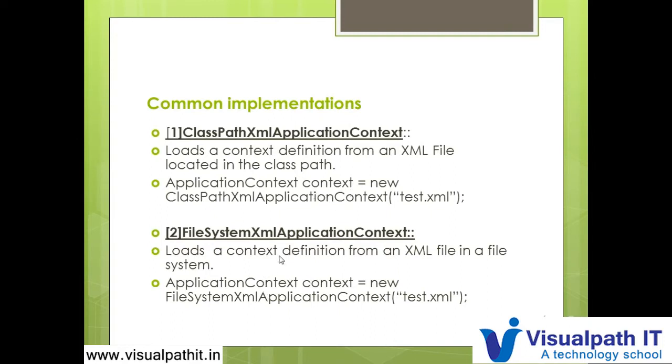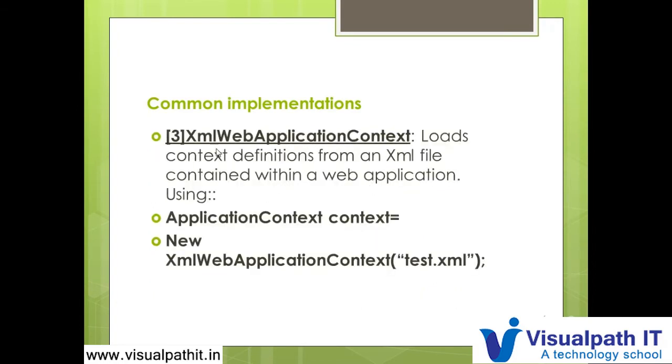FileSystemXmlApplicationContext loads whatever XML file is present in the file system. The same holds good for XmlWebApplicationContext, where the XML definition present within a web application is loaded into the context.